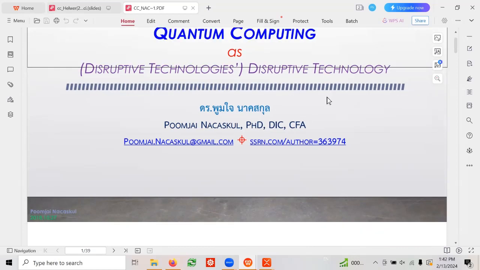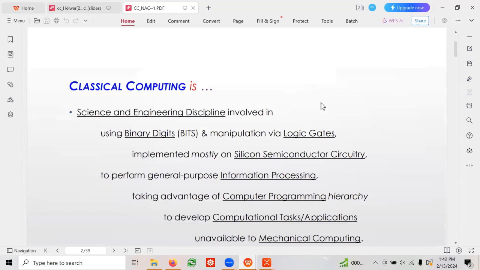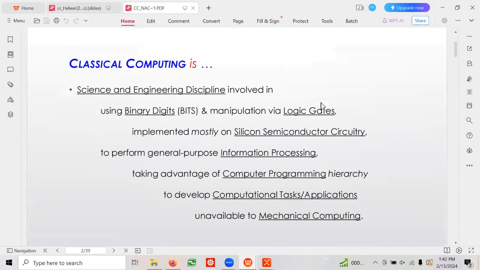Okay, so now we start the lecture proper. I'll give you this so you don't have to write it down, but every word here is very important. Classical computing, in which case I actually mean digital computing.